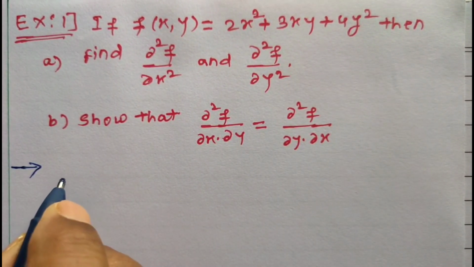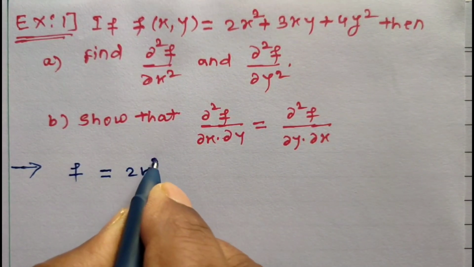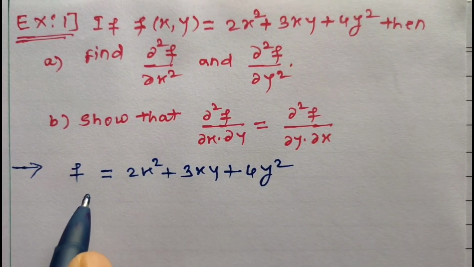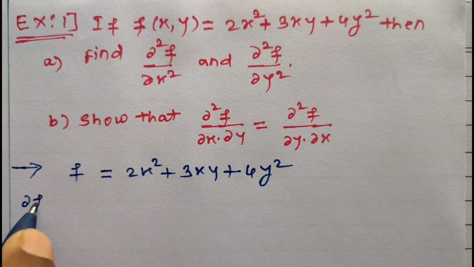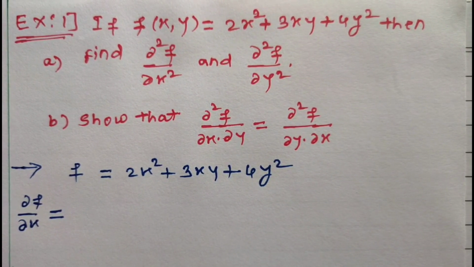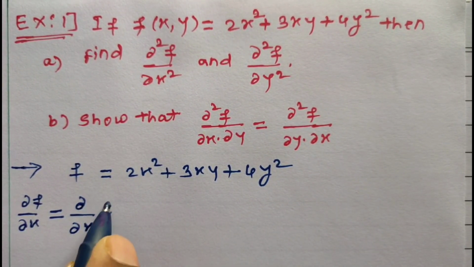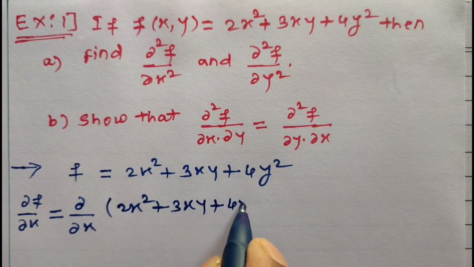First of all, consider the given function f equal to 2x square plus 3xy plus 4y square. Now partially differentiate f with respect to x. That gives dou f by dou x equal to the partial derivative with respect to x, considering y as constant, of 2x square plus 3xy plus 4y square.